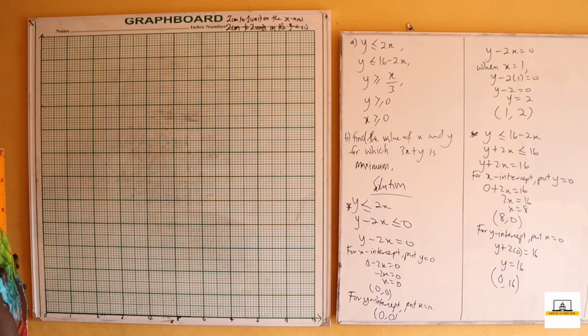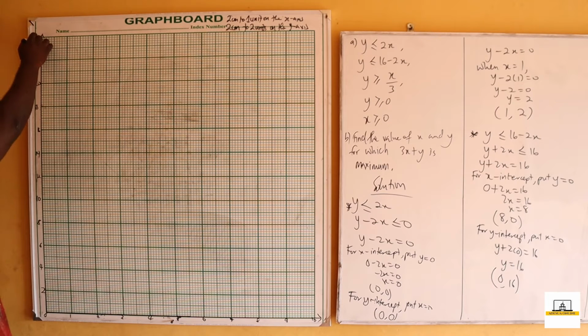Then we go to our y-axis, we said 2 centimeters to 2 units. So we have 2, 4, 6, 8, 10, 12, 14, 16, 18, 20, 22, 24.